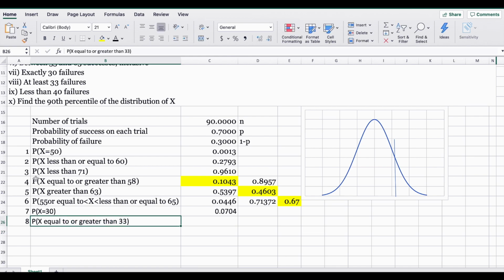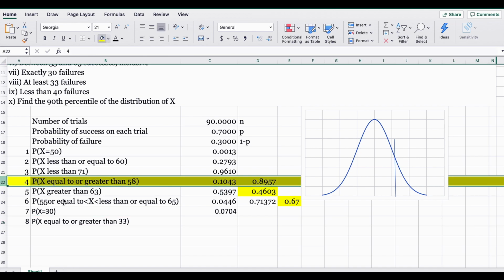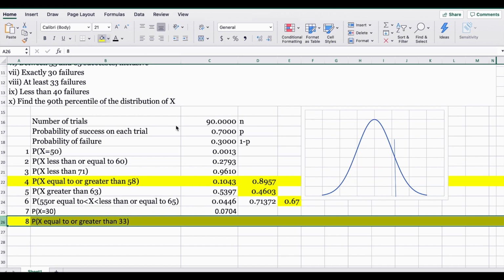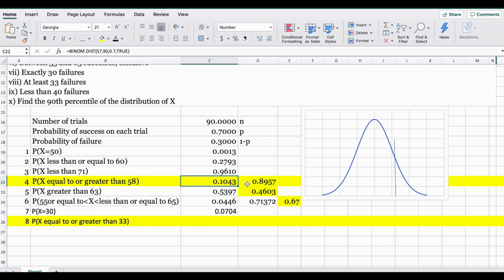So this is very similar to what we did in question number 4. So in order to find the probability of x equal to or greater than 33, we need to do 1 minus the probability of x equal to 32.